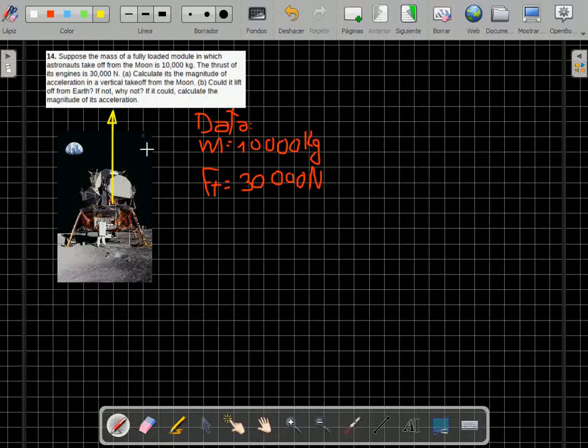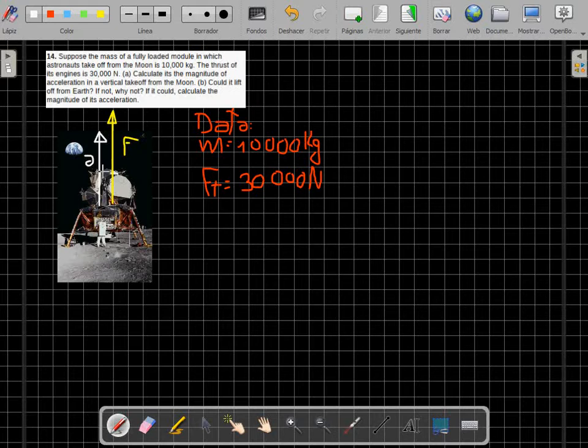Besides, after the engines start working, there is going to be an acceleration, which is going to be upward too. This is very important because every force that is in the direction of that acceleration is going to be considered as positive. So don't forget that. Every force that is against this acceleration is going to be negative.